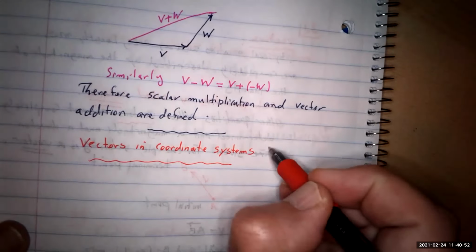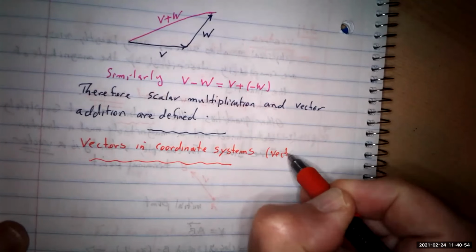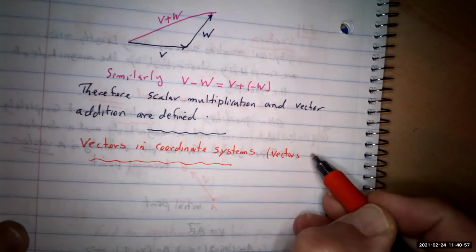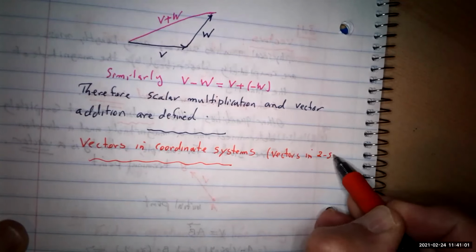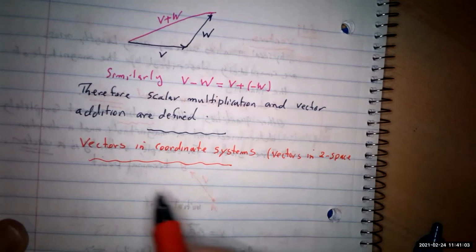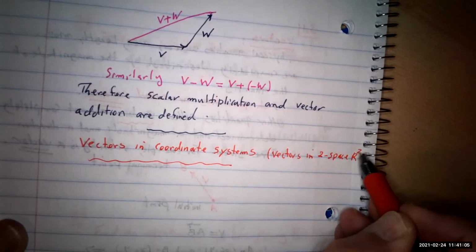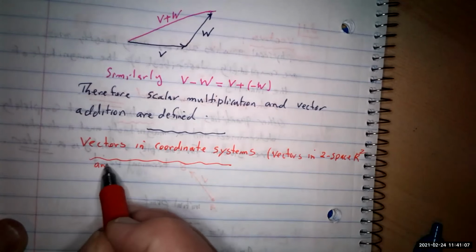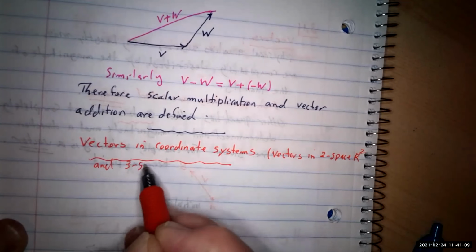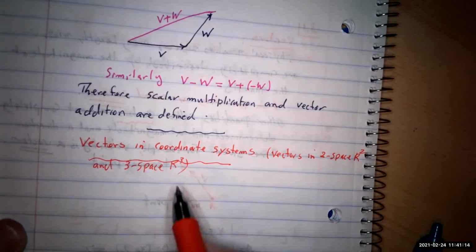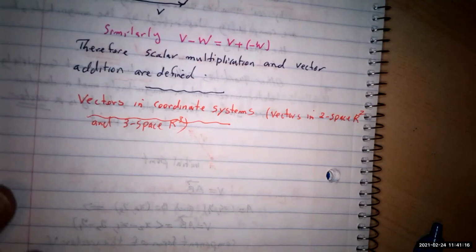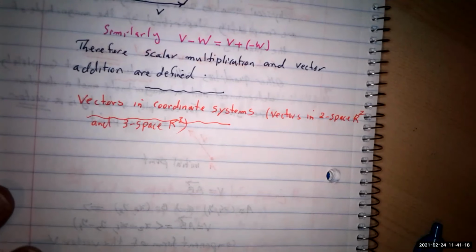So it's going to be vectors in what we call two-space, R2, and three-space, R3, three-dimensional and two-dimensional. And you can do it in general. Just to give you an idea.